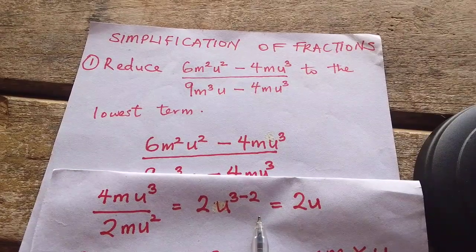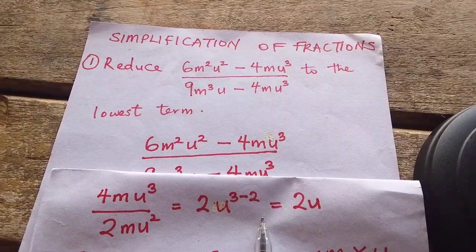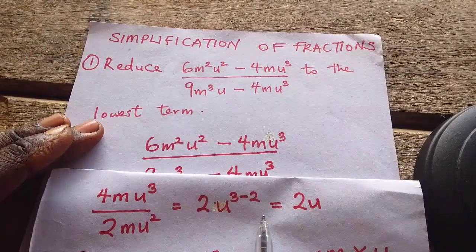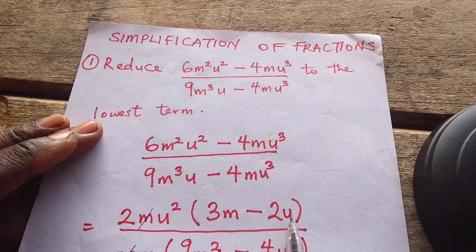So if you divide 4mu³ by 2mu², you get 2u. That is why I have 2u here.